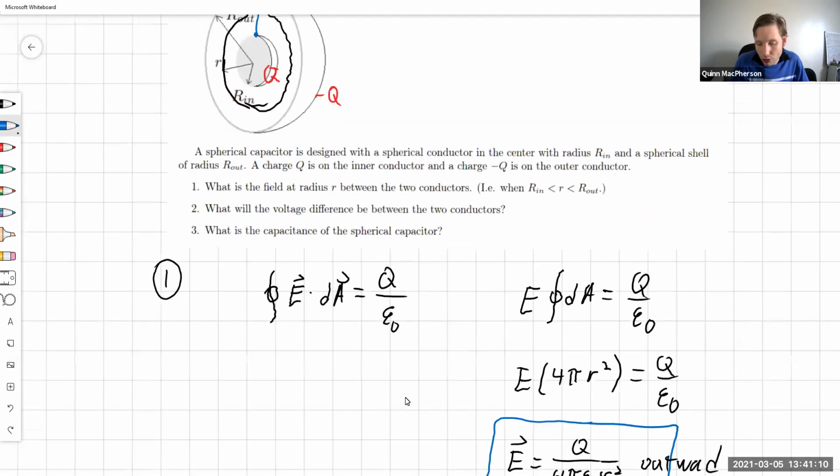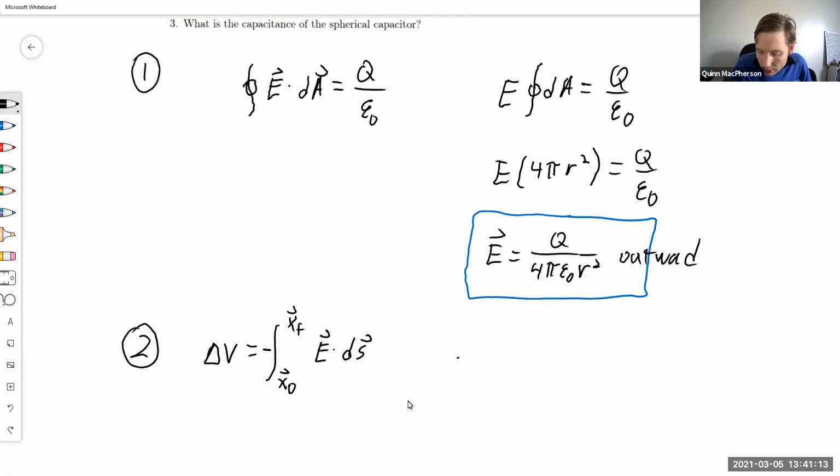So I can change this to V final, which is V out, minus V in is equal to minus the integral from R in to R out of E dr. And I don't need to worry about the vectors and the dot product because the E points in the radial direction and dr points in the radial direction.